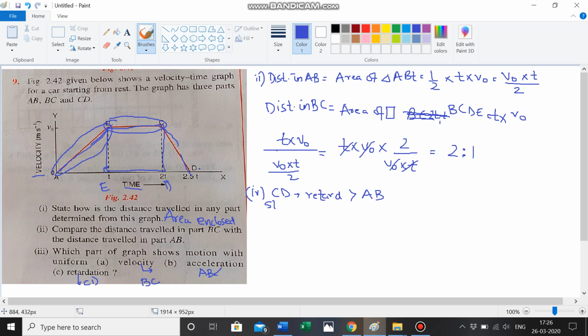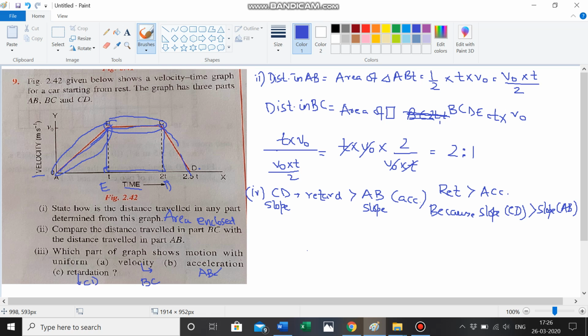I'm talking about the slope here. So the slope of CD is more than the slope of AB, which is acceleration. So the answer is retardation is more than acceleration. Give a reason. Because the slope of CD is more than the slope of AB. That's my reason.